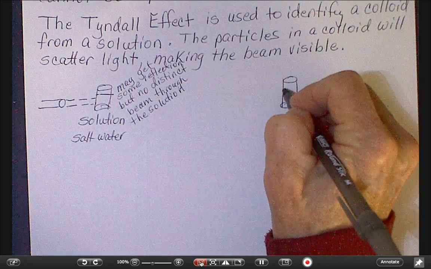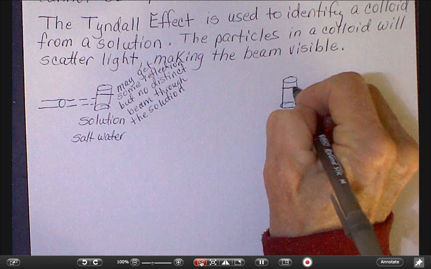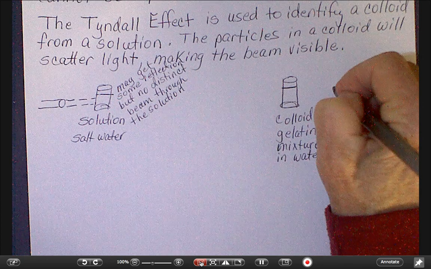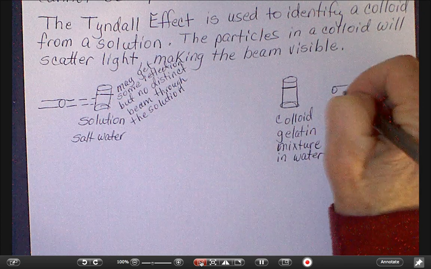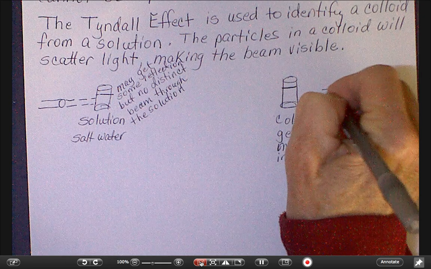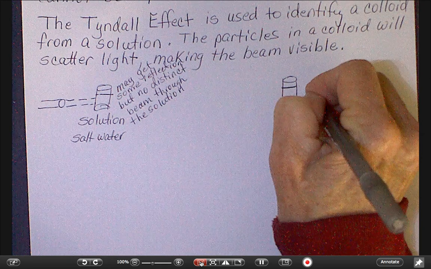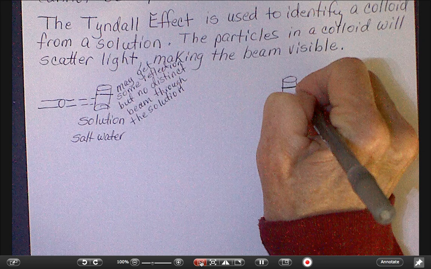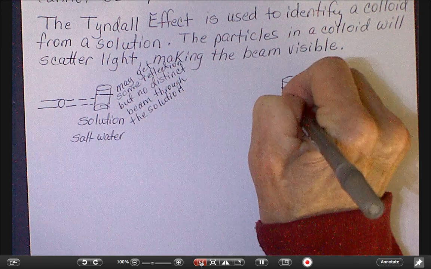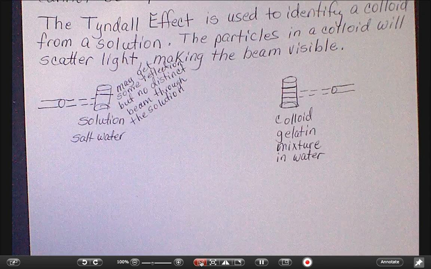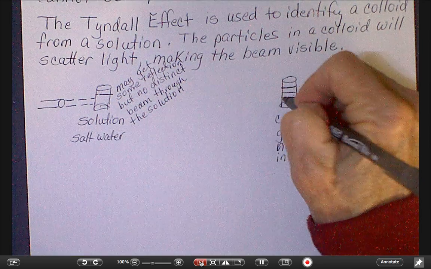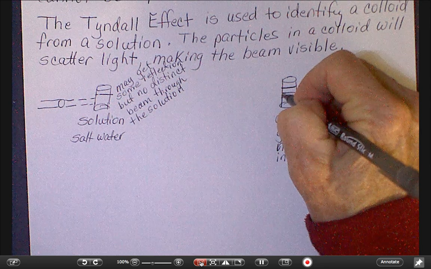Okay, so you've got a line, your fluid is up to here. You've got a flashlight over here, and you've got a beam coming across. And what you will see is a very distinct line of the beam. Now you can also use a laser. This works really well. So I'm going to kind of color this for my beam.